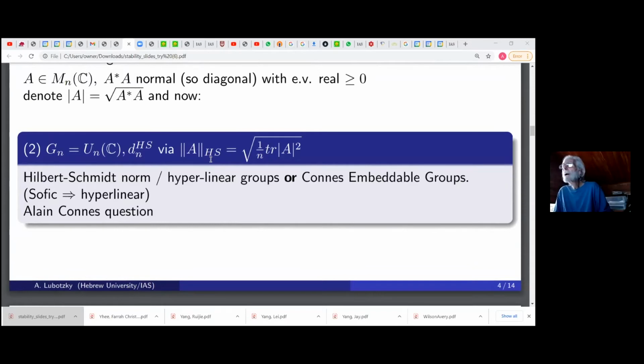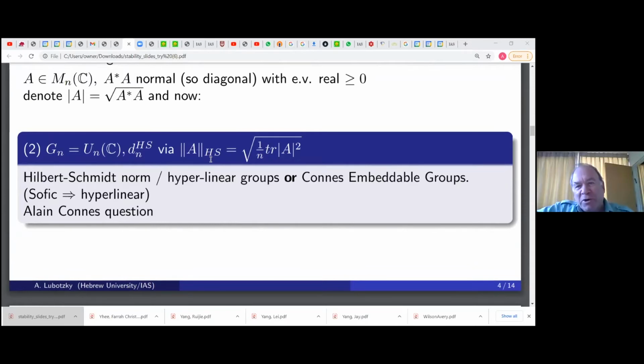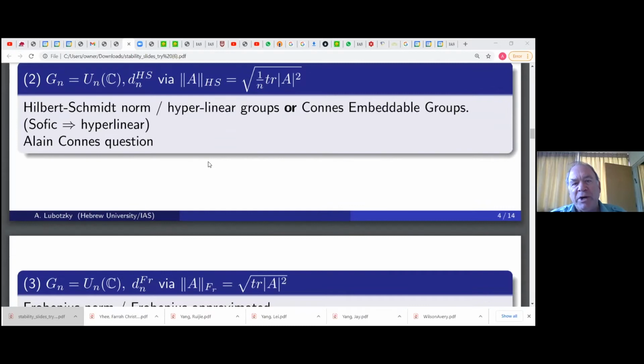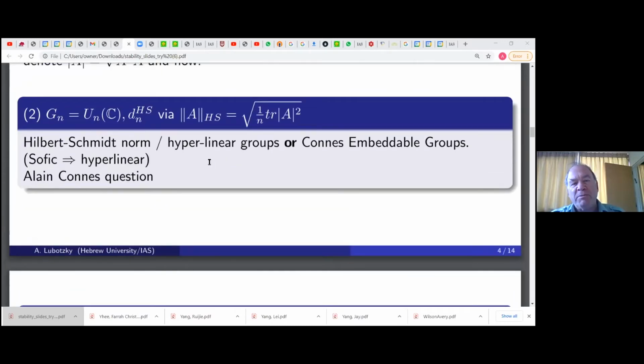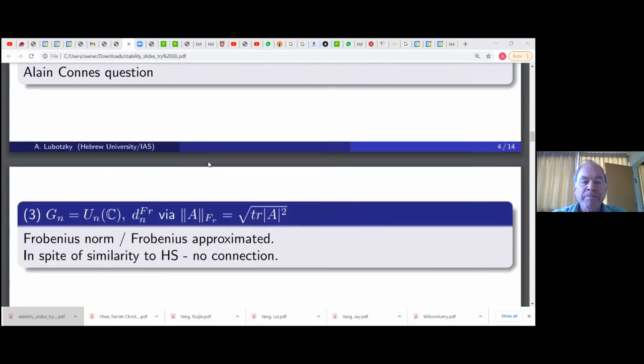And also think about the converse, in the other direction. So we cannot deduce from one norm to another. Each one is a different problem. So we have two open problems here. Are there non-Hilbert-Schmidt approximated groups? Are there non-Frobenius approximated groups?